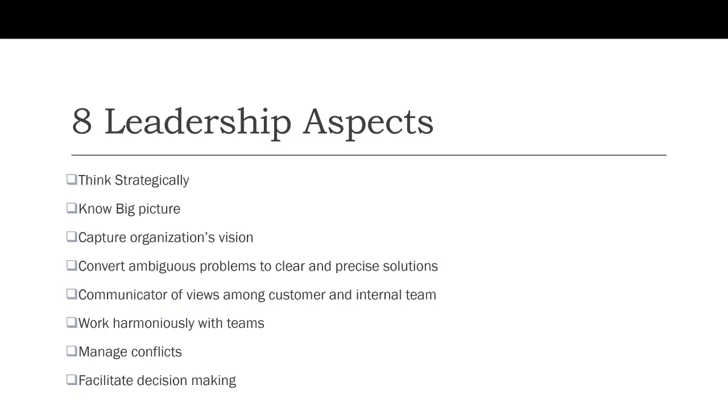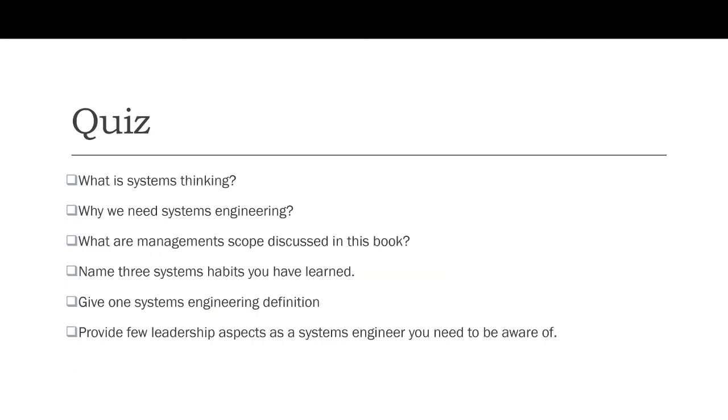These are 8 key leadership aspects. It's a takeaway from this chapter. At least I feel that we need to implement these or start implementing those if we are not doing some of those.